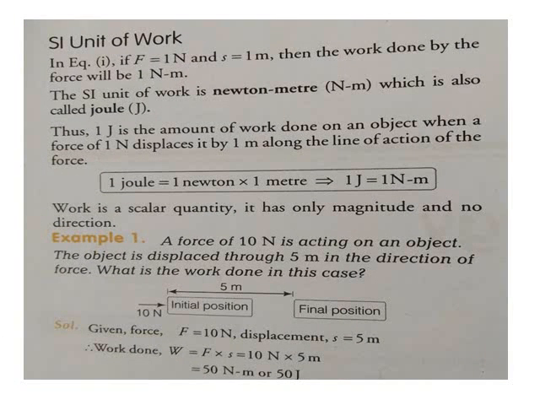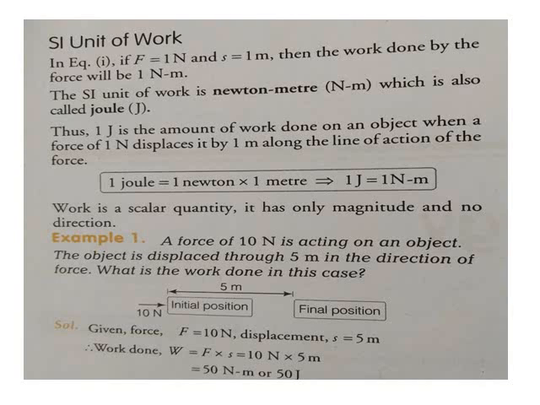This slide again explains in a very clear manner the SI unit of work. If F is equal to 1 Newton and S is equal to 1 meter, then the work done by the force will be 1 Newton meter. The SI unit of work is Newton meter, which is also called joule.